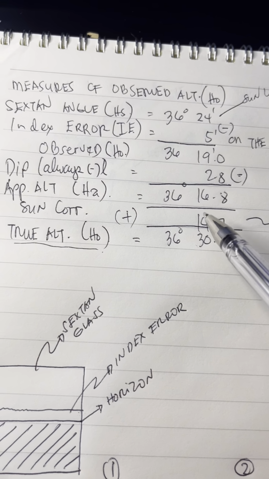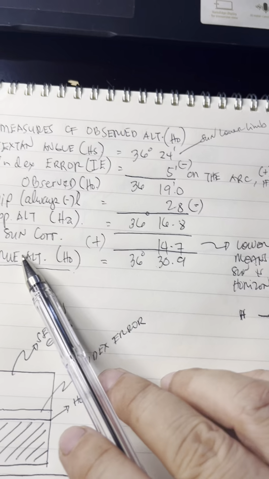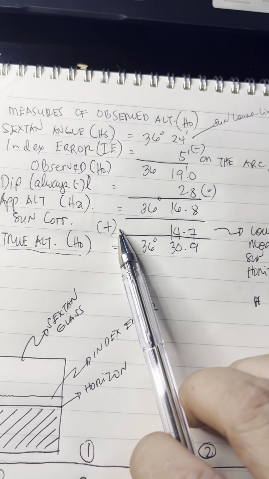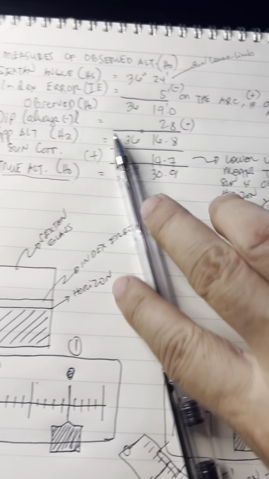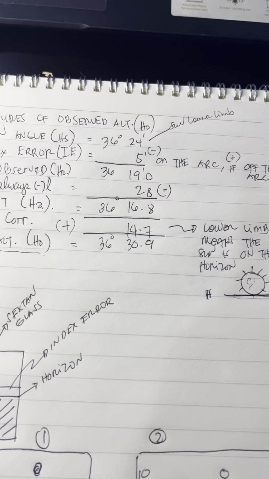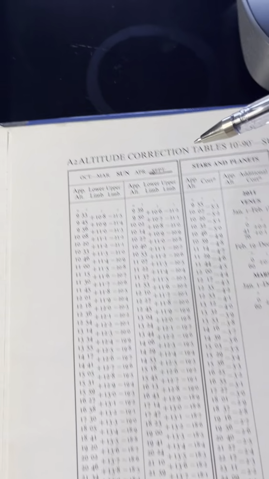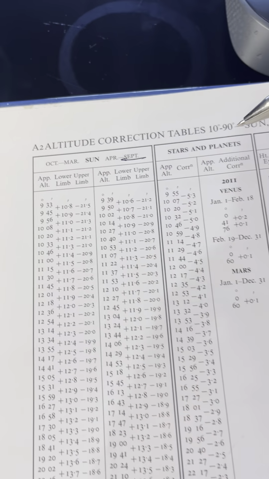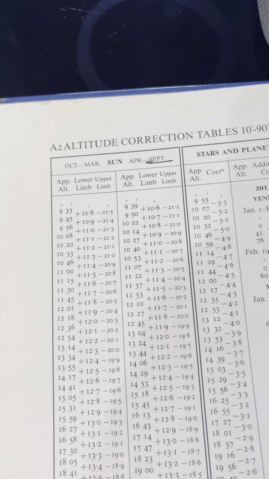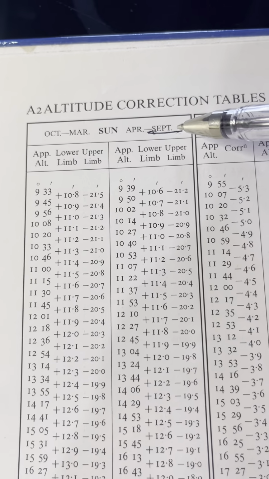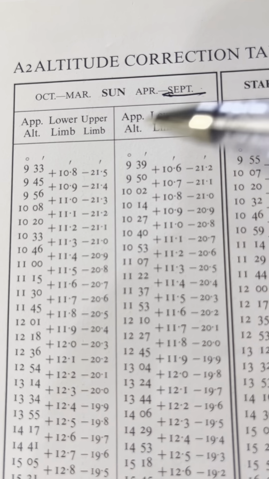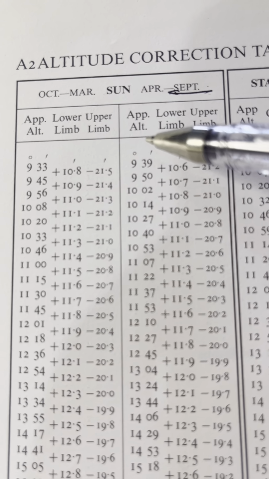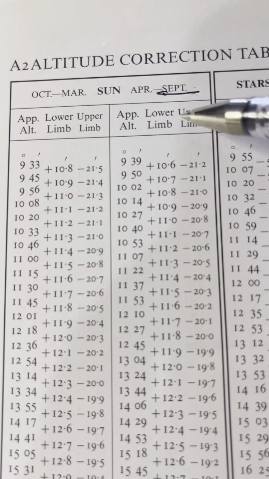Now we will get the sun's correction. So how do we get the sun's correction? Again, we will go to our nautical almanac book and open the altitude correction tables. Let's assume that today is the month of September, and this is apparent altitude at lower limb. So what is lower limb, by the way?